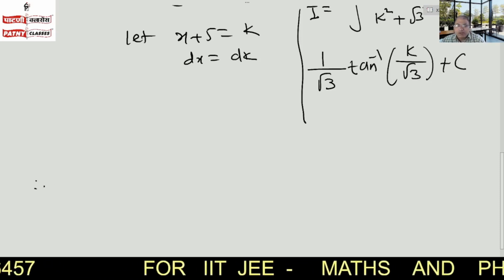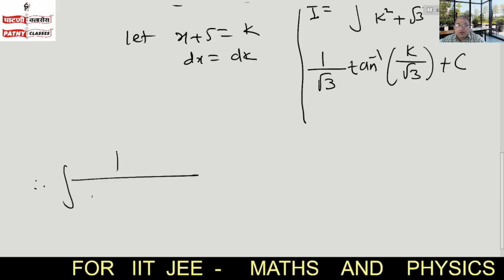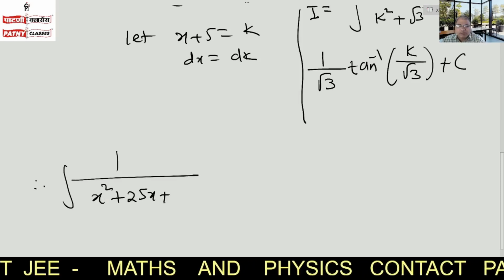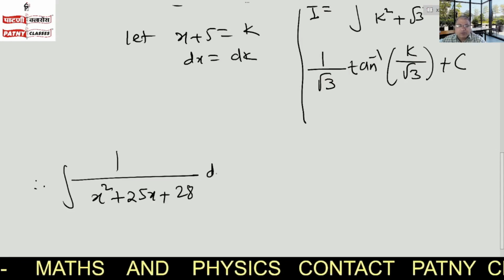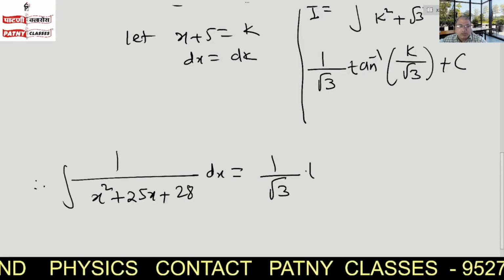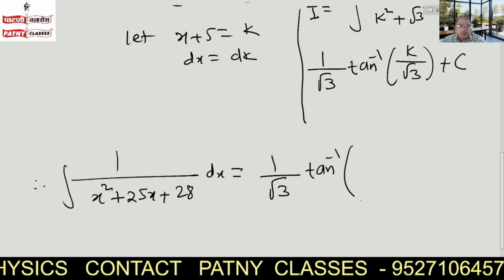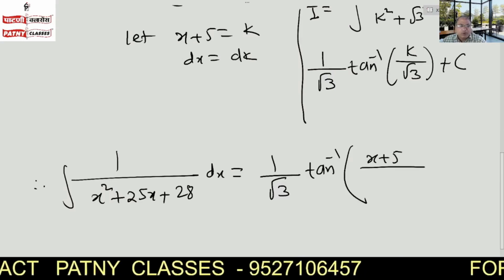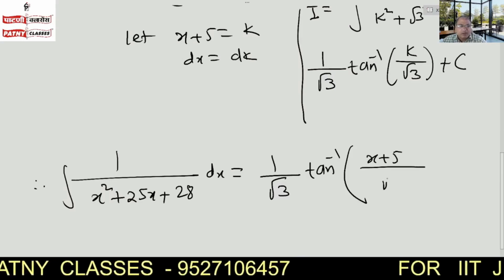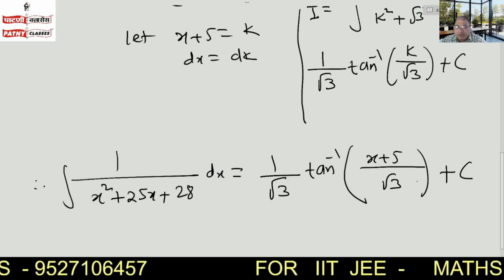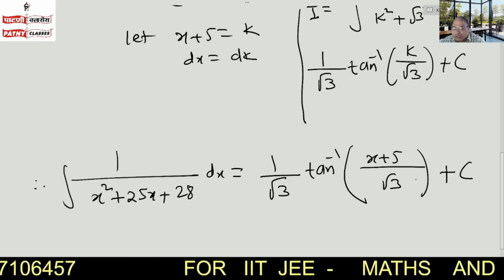Therefore the integration of 1 upon x square plus 10x plus 28 with respect to x equals 1 upon root 3 tan inverse of k, where k is nothing but x plus 5, putting back the value of k, over root 3 plus c. This is the way we can perform the integration of the given question.